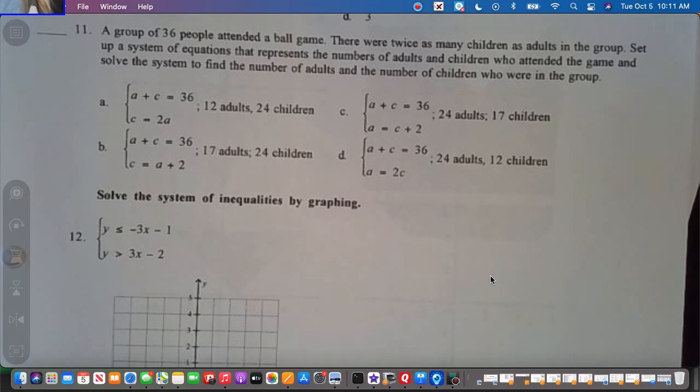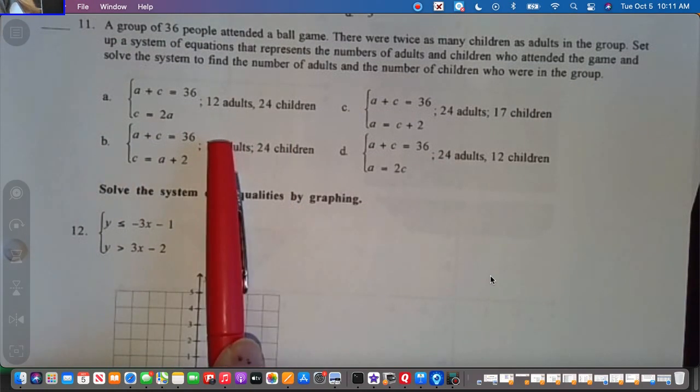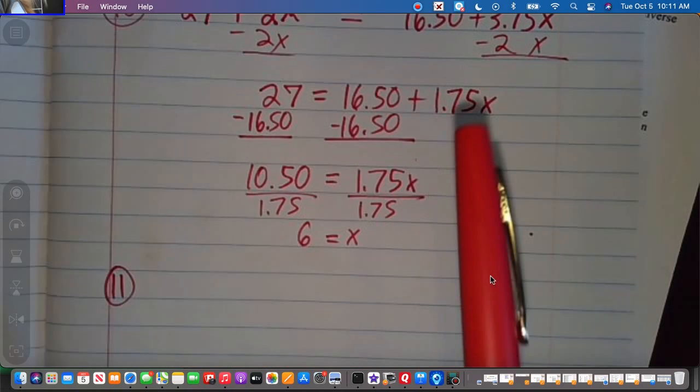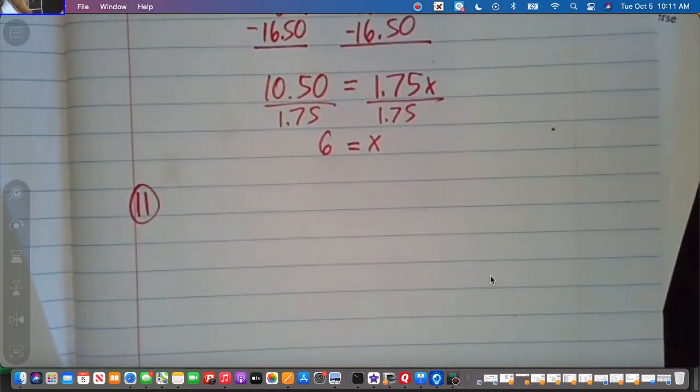Is it going to be like that on the test? Probably, but I'm going over it just in case.